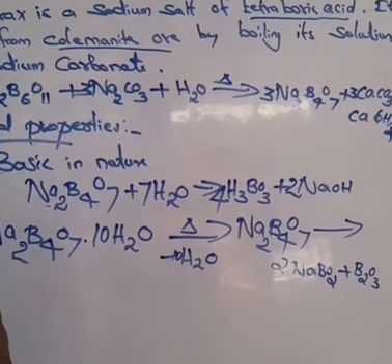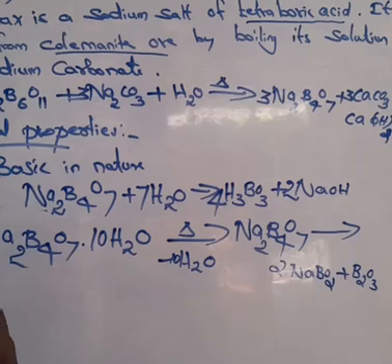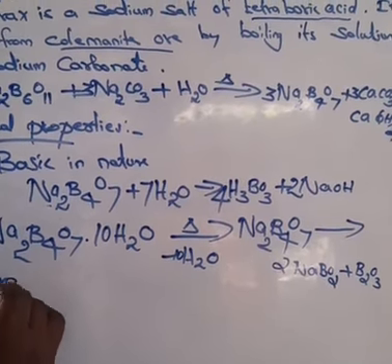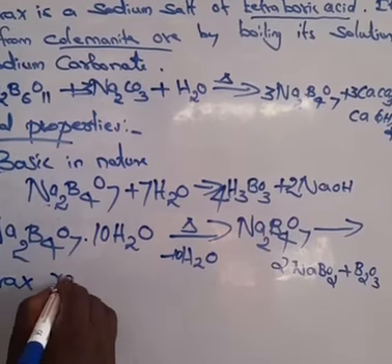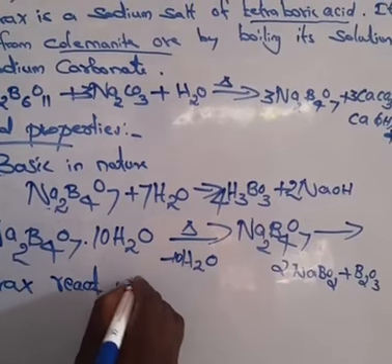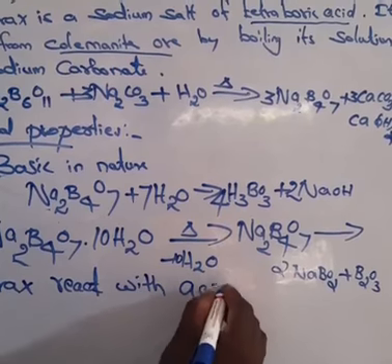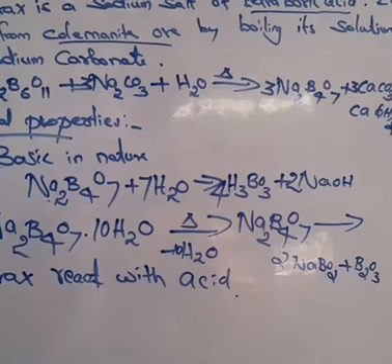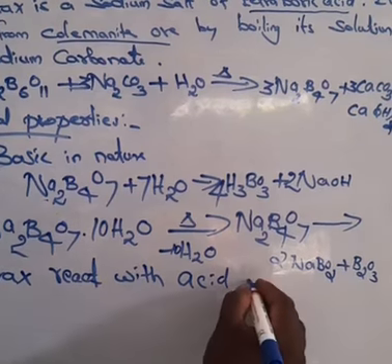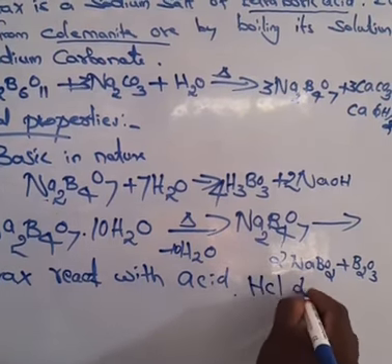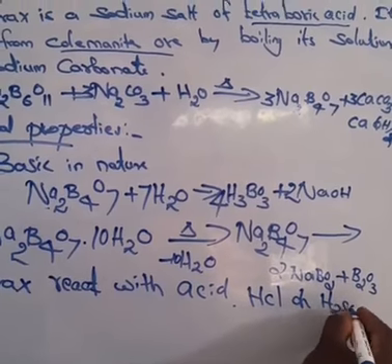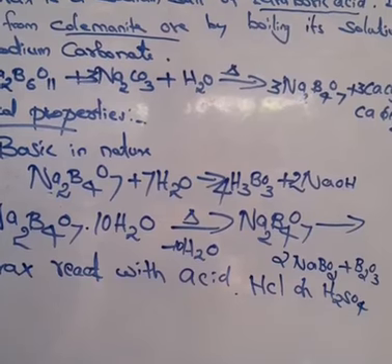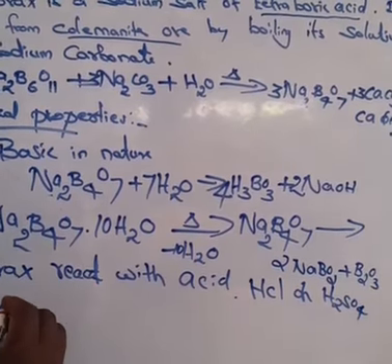Next one. Borax reacts with acid. Here we are taking 2 types of acid, that is hydrochloric acid HCl and sulfuric acid. Here borax, what is the formula for borax?